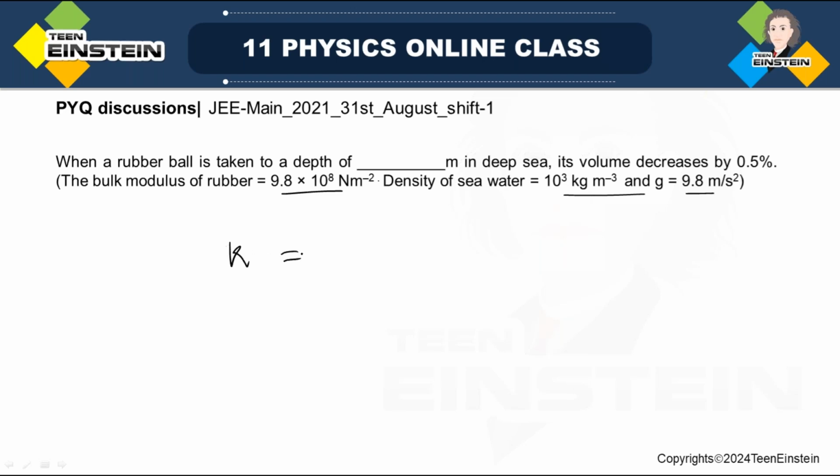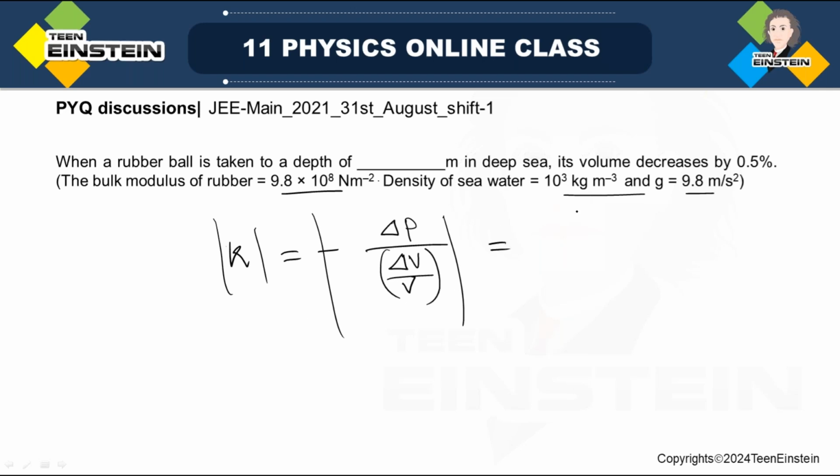Bulk modulus K is minus delta P divided by delta V by V. Taking the modulus, we get delta P by delta V by V. If we consider it with respect to the sea level, this delta P I can write as H rho g.